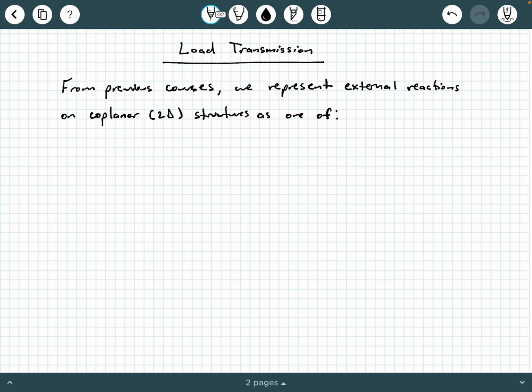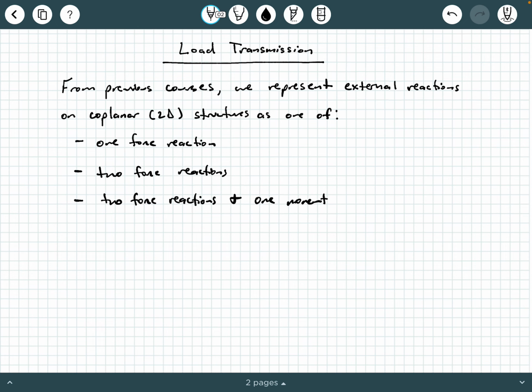Well, external reactions on 2D or coplanar structures always have either one force reaction, two force reactions, or two force reactions and one moment reaction.